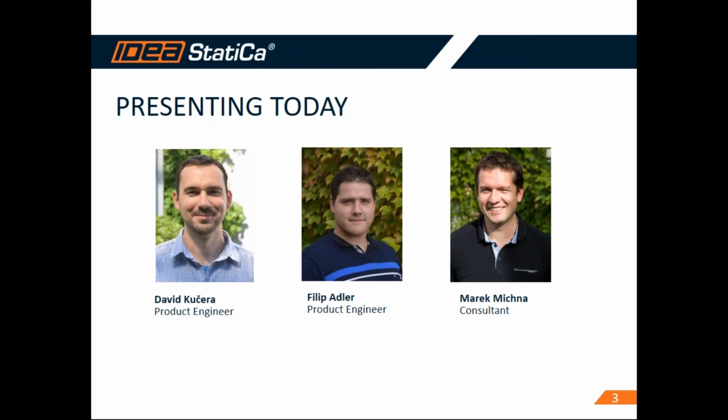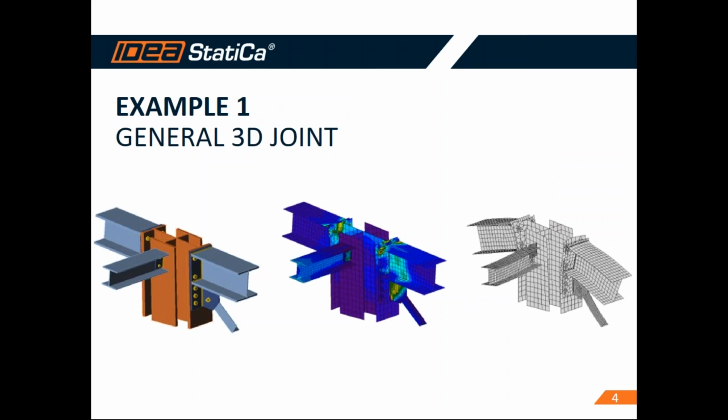Today we are here with my colleagues David and Philip. They will show you the practical part of the session, and today we would like to show you something about modeling of 3D geometry, but also about joint design resistance.